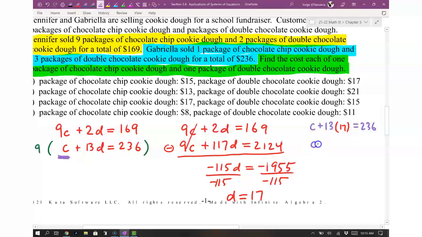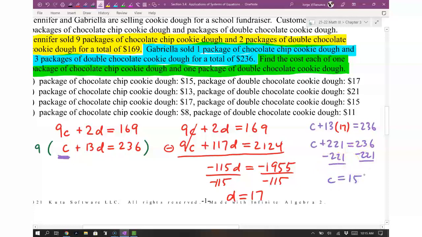Now 13 times 17, let me put that here. I'm just putting that in my calculator. That's 221. And if I subtract 221 on both sides, my answer comes out to 15. So minus 221. C is equal to 15.